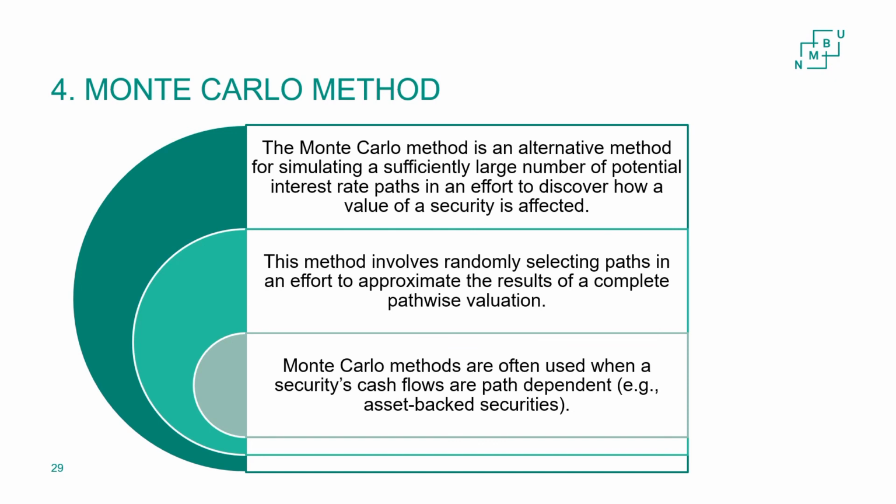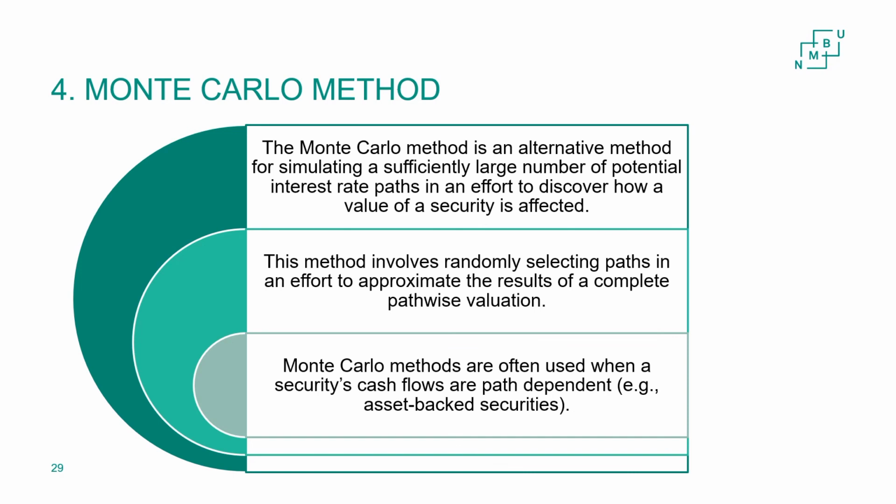What if instead of this binary choice, we have a continuous choice? For example, that we draw from a normal distribution to see where the interest rate is going from one period to the next.